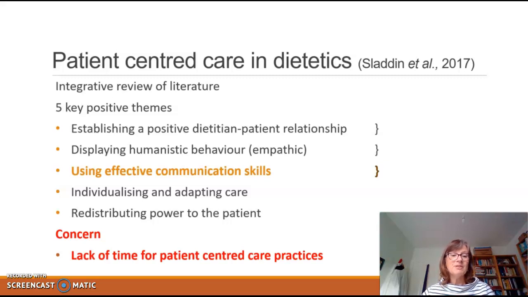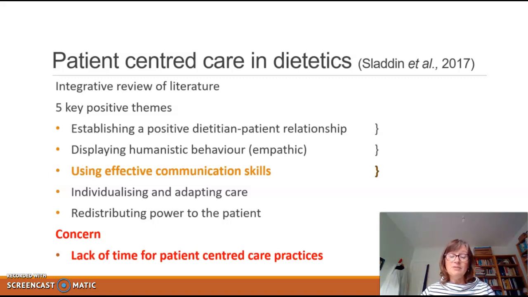And also this idea of humanistic behaviour, which is all about demonstrating empathy and understanding to your patient. So you can see that those first 3 really link very closely together. You can't demonstrate empathy or build a relationship with your patient if you don't have effective communication skills.